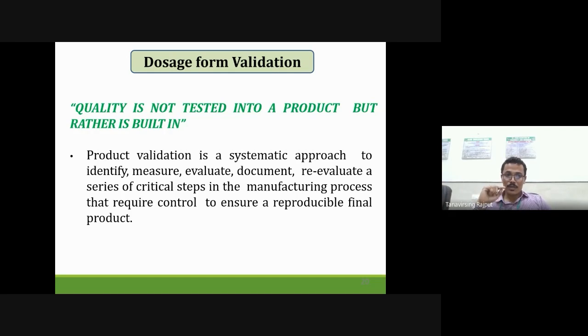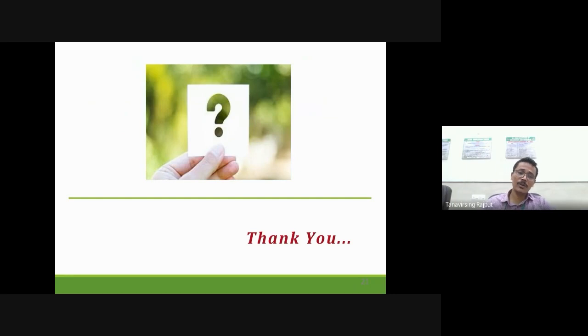So you identify that, measure that, evaluate that, and during all the processes we carry out, document all these things during the development and manufacturing of that dosage form. And all the results must be reproducible only. Okay, so this is all about the overview of pharmaceutical validation.